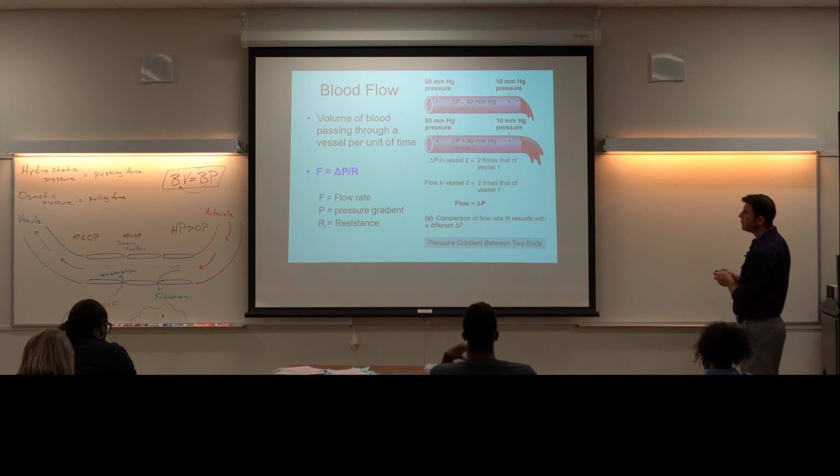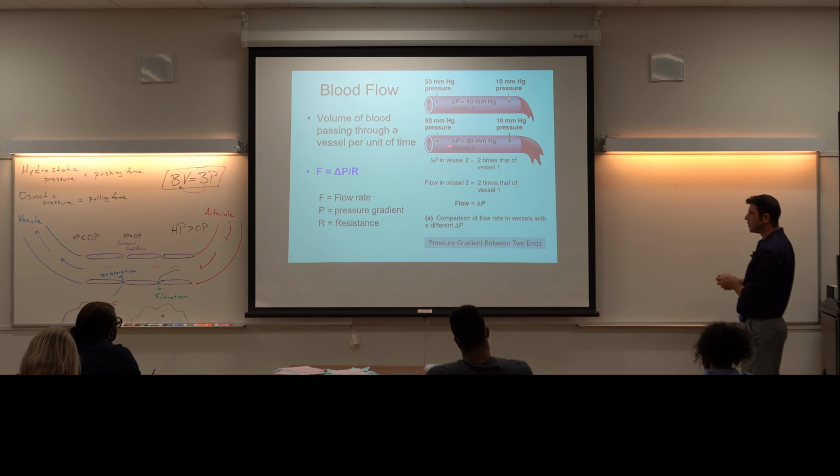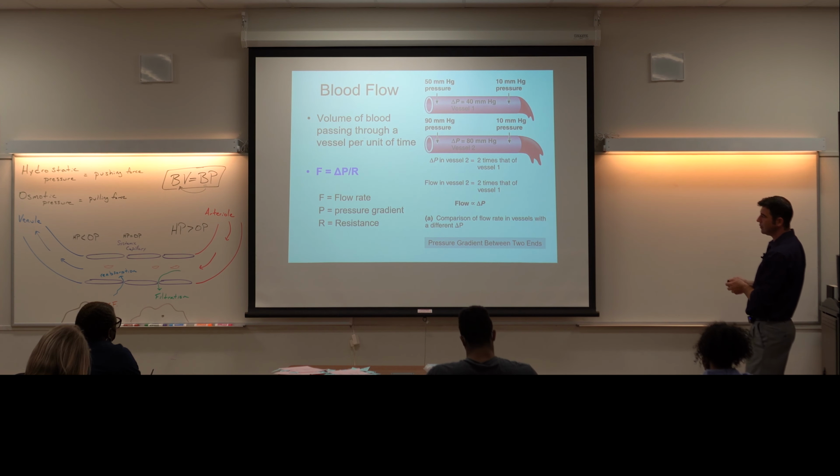So here in the first vessel, we have a gradient of only 40 millimeters of mercury. In the second vessel down here, we start off at the beginning end of the vessel at 90 millimeters of mercury, and the other end of the vessel is at 10 millimeters of mercury. So there's a much steeper gradient here, and blood is going to flow much faster through this particular vessel.